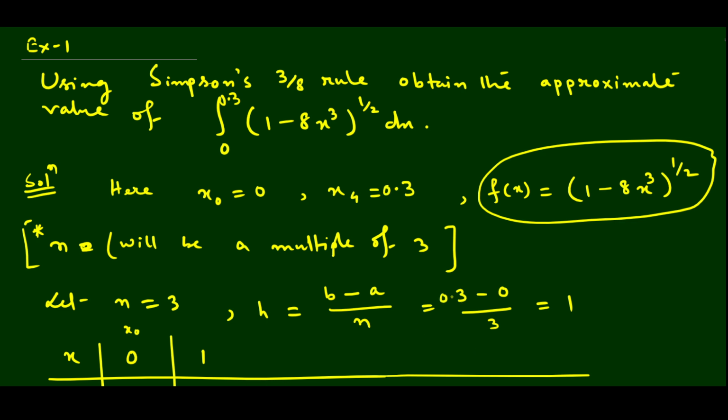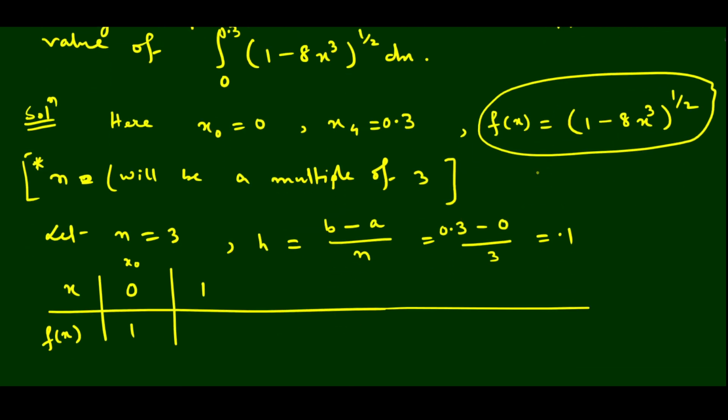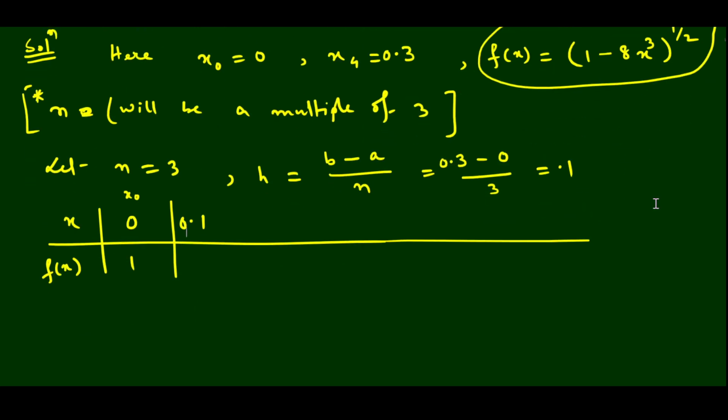So b is our 0.3, so h will be our 0.1. Okay, h will be 0.1. Because otherwise, if we take the limit 3, then under the root we will get some negative numbers, which is undefined. So if we put 0.1 in the function, after calculation, you will get 0.99.